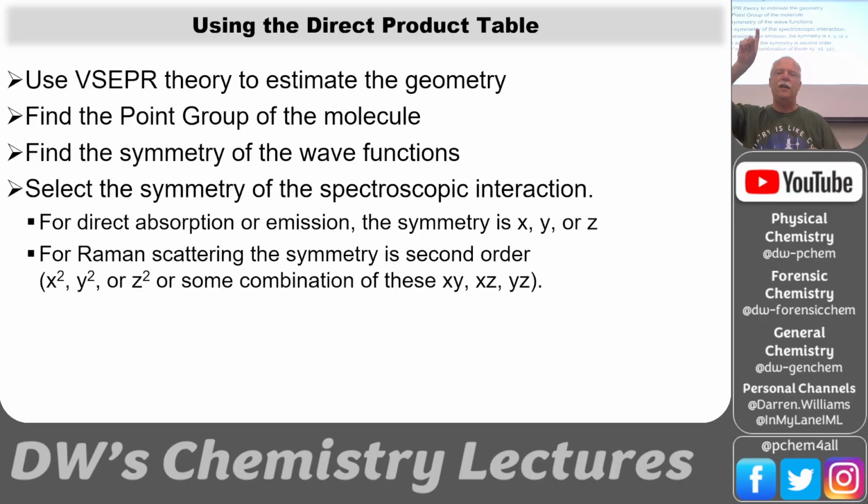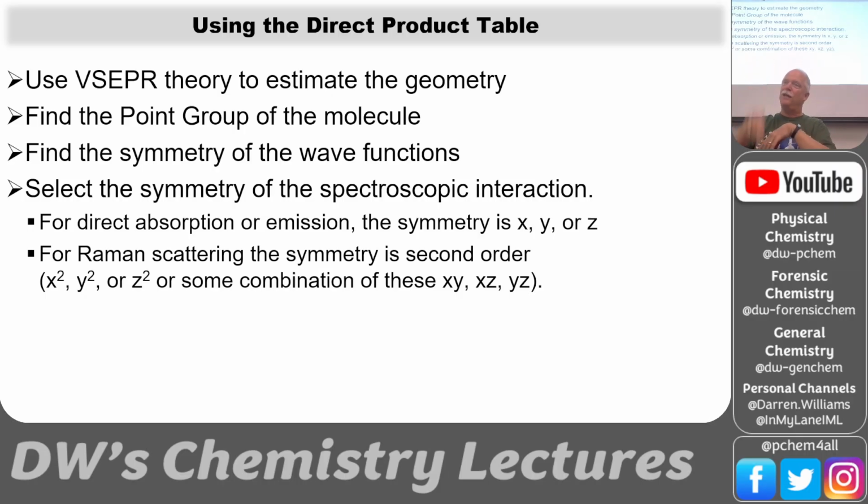So if it comes in on the z-axis and goes out on the z-axis, then because it's scattered, that photon comes in and bounces off. If it comes in on the z-axis and leaves on the z-axis, I would consider that z squared. But what if it comes in on the z-axis and then leaves on the x-axis? Then that would be the xz interaction.